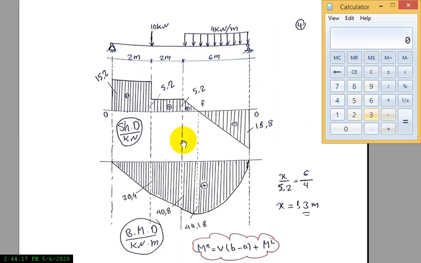When we find the area of this triangle, 0.5 multiplied by its height 18.8 multiplied by its length, which is the total 6 minus 1.3, equals 4.7, actually 44.18.